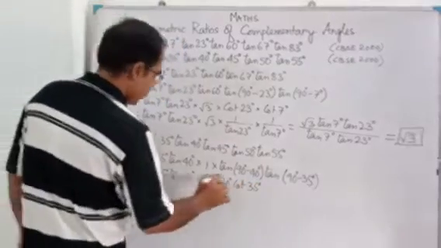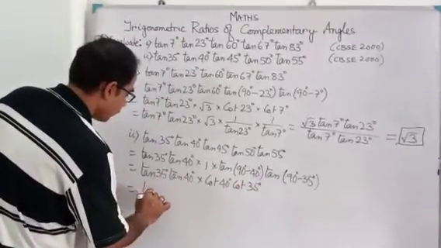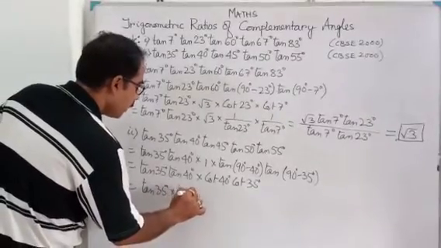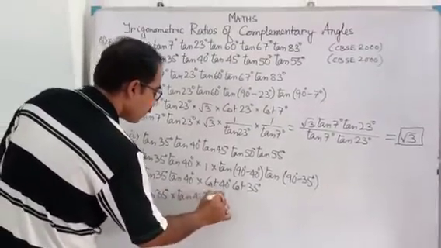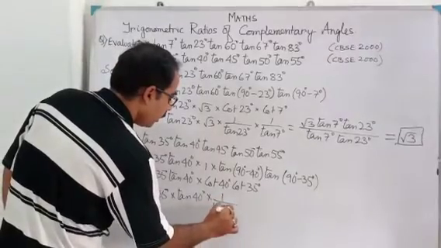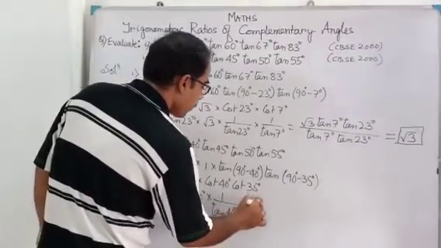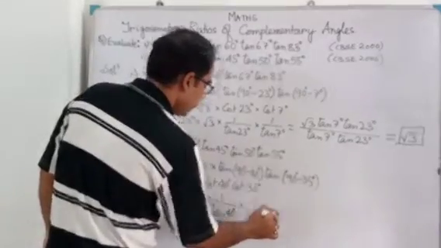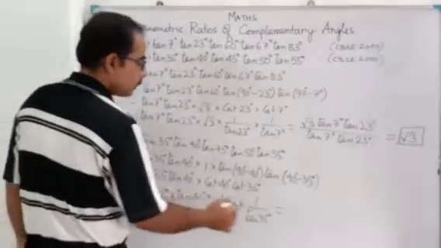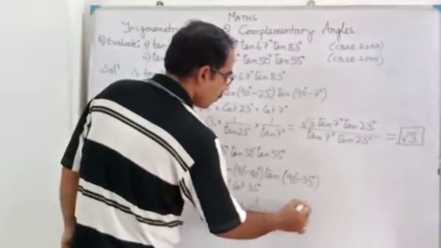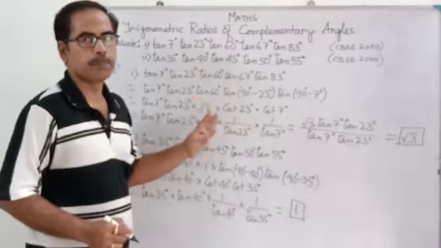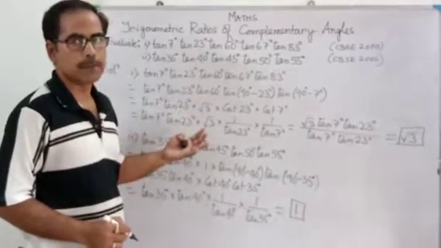So ultimately tan 35 degree into tan 40 degree multiplied by 1 by tan 40 degree multiplied by 1 by tan 35 degree. These cancel out, and finally you are getting the answer 1. Okay, so this type of maths, I hope students you can do it now yourself.